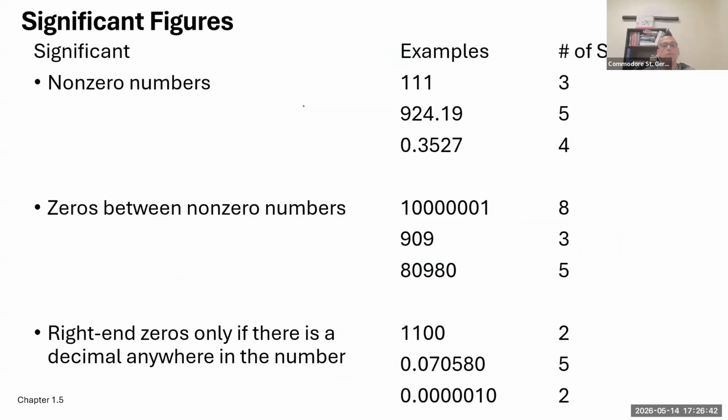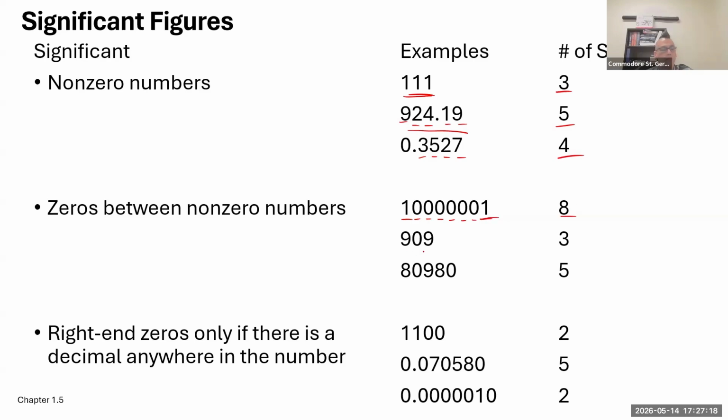Let's do another set of examples here. All right, non-zero numbers, right? 111, 3 sig figs. Non-zero numbers, 5: 1, 2, 3, 4, 5. Non-zero numbers, 1, 2, 3, 4. Cool. Zeros between non-zero numbers. So these are non-zero, so it's going to be 1, 2, 3, 4, 5, 6, 7, 8.